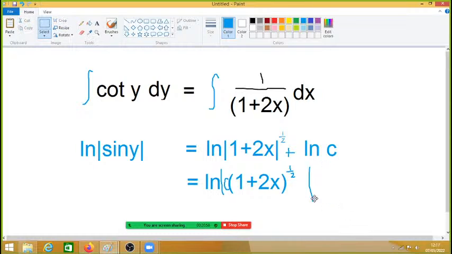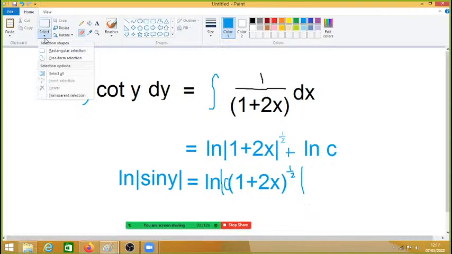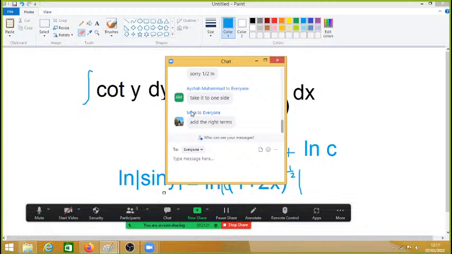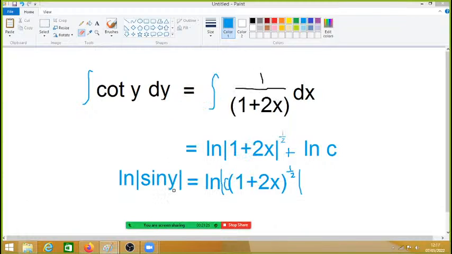We've got to a stage where we've got just one natural logarithm on both sides. Okay, so then we can cancel out the natural log.